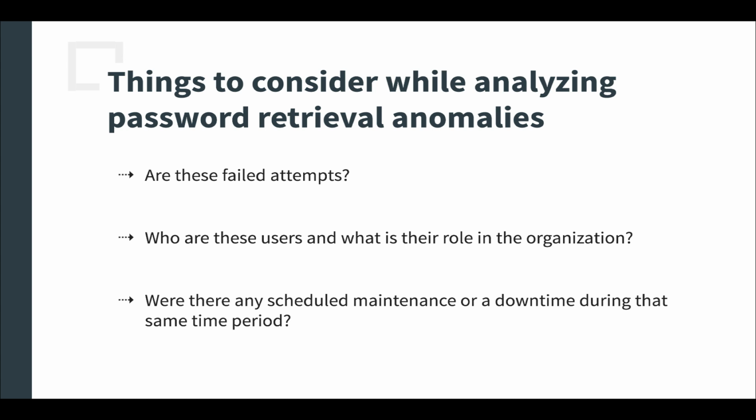Because during a scheduled maintenance or downtime, technicians might be accessing critical resources to fix them and get them back up online, which could explain the cause for the spike. So, answers to these questions could isolate incidents and identify if further analysis is needed or if the anomaly occurred as part of regular operations.